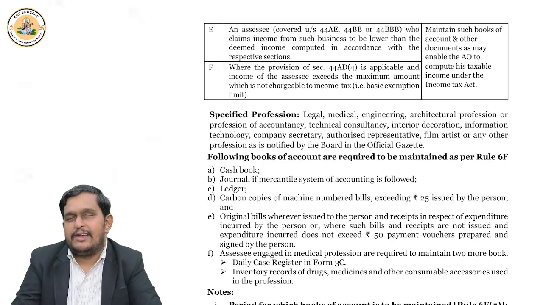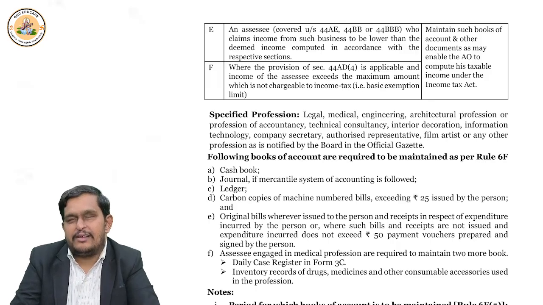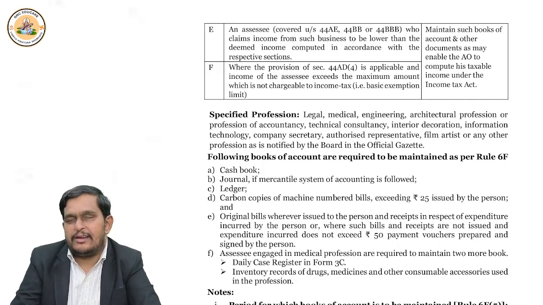So what they say, if the limits given there are crossed, then definitely you are supposed to maintain reasonable books of accounts so that the assessing officer can compute your income. Are you able to understand? Right? Now, what is special about 44AE, BB and BBB?